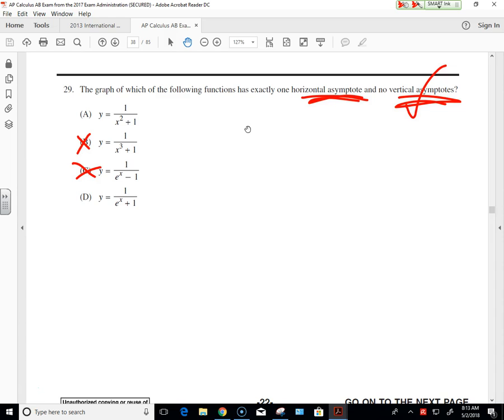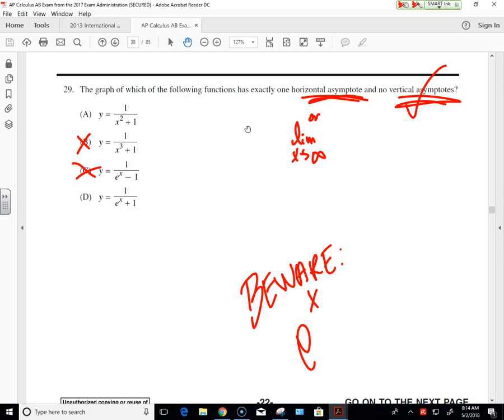Now horizontal asymptote. This is the key, the when you see, you think idea that I need you to be careful of. When you see horizontal asymptotes or limits to infinity, isn't limit to infinity how we find a horizontal asymptote? Yes. You always need to beware of any exponential piece when taking a limit to infinity or checking a horizontal asymptote.